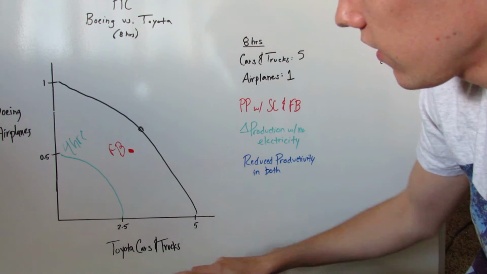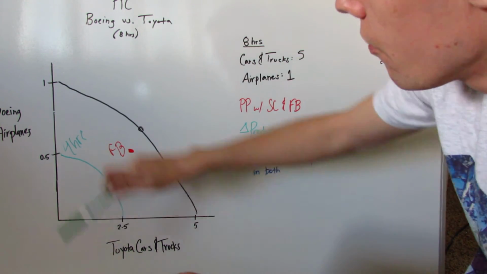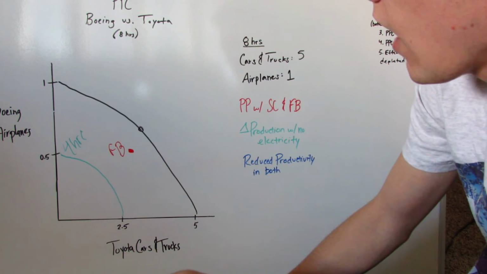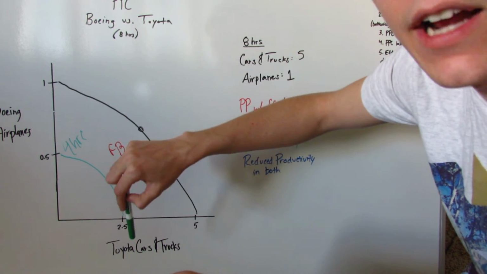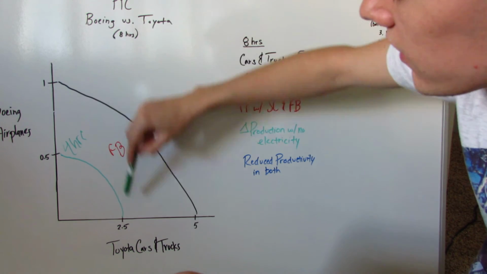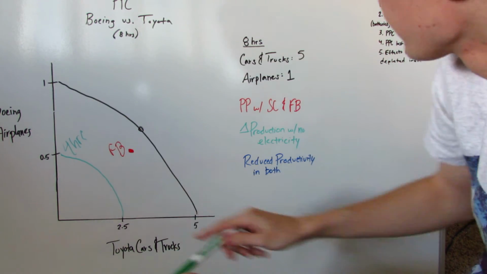But since this is cars and trucks instead of a carpenter, we lose efficiency, we lose everything if we are unable to run our factories for 4 hours. That's half of our efficiency, so we literally can only do half as much.